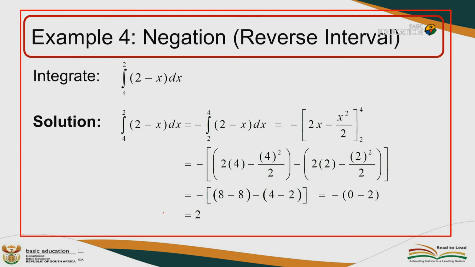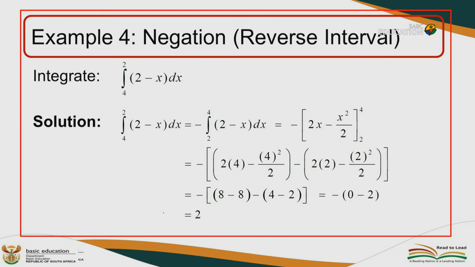Therefore, we must introduce the negative sign, so that we swap the value of A and the value of B. Now this will be the integral with lower limit 2 and upper limit 4 of the function 2 minus x.